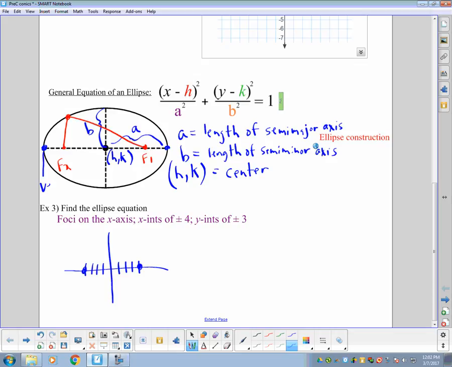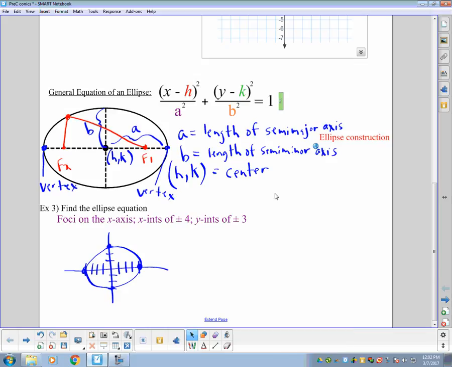That's a vertex. This is another vertex. So the vertices or x-intercepts are at 4 and negative 4. Y-intercepts of positive 3 and negative 3. The foci, that's plural for focus, is somewhere on the x-axis. One would be between 0 and 4, and another one between 0 and negative 4. So there's a sketch of it.